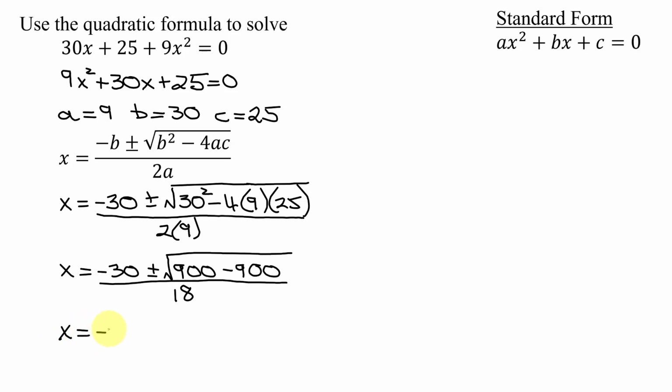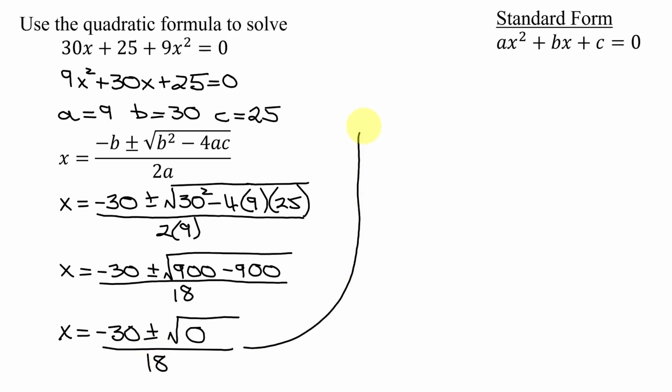So I get x equals negative 30 plus or minus the square root of 900 minus 900, which is 0, all divided by 18. So I'm going to get x equals negative 30 plus or minus the square root of 0, which is 0, divided by 18.